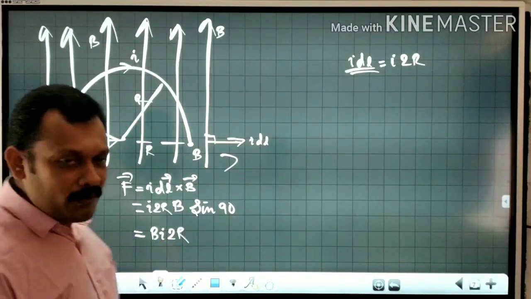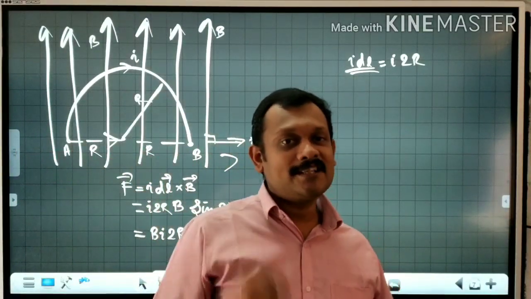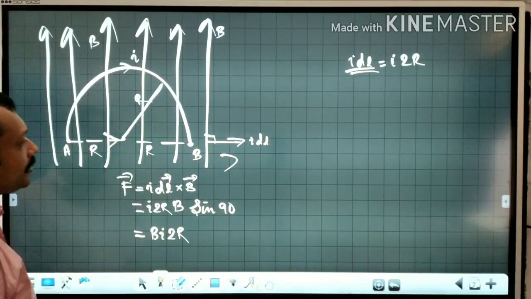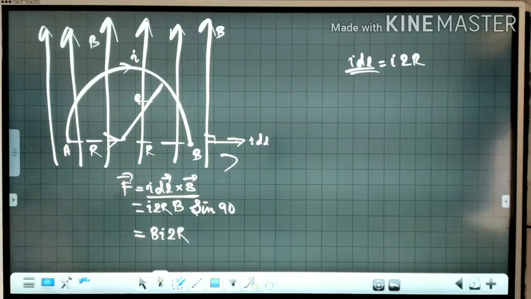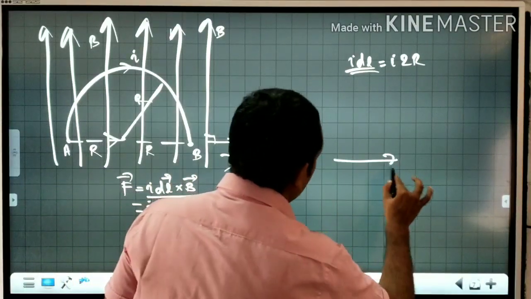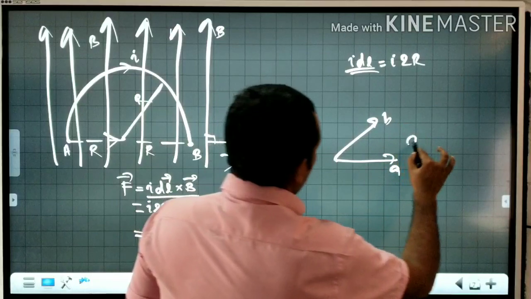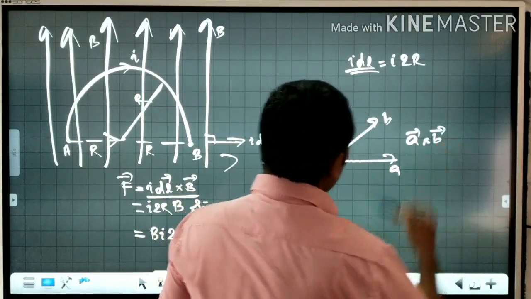Now the problem is not over because we need to get the direction, right? The formula for this one is IDL cross B. What is the rule for A cross B?